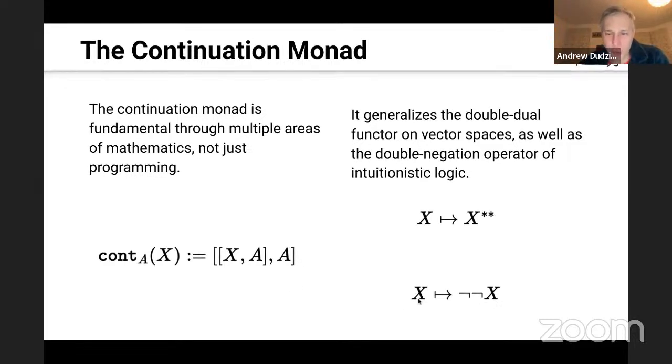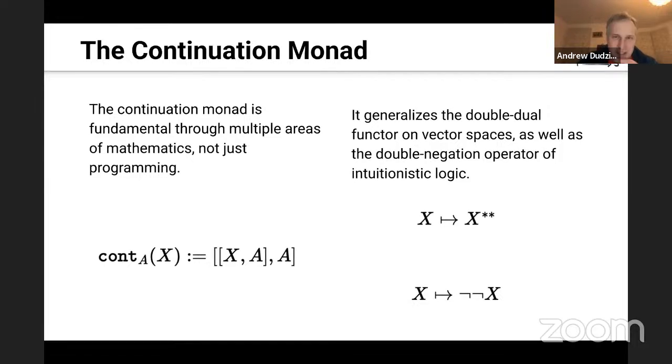So the double dual is basically when you let A be false in a suitable category, or the double negation.